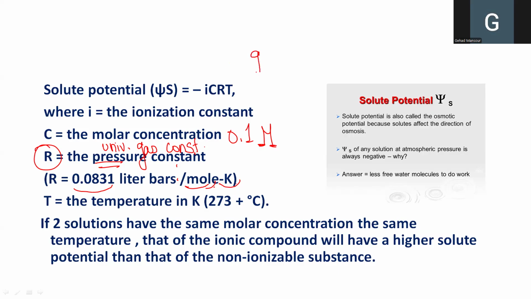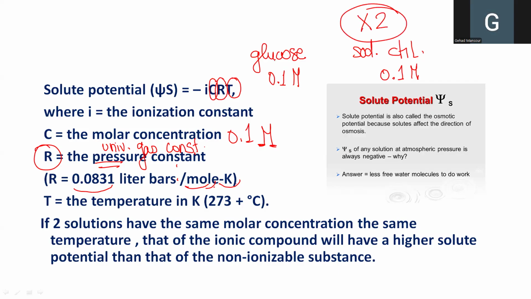So if everything is similar, if you have two solutions A and B, for example, a solution of glucose in water and a solution of sodium chloride in water, both present at the same temperature, and of course the universal gas constant will be the same, and they even have the same molar concentration, for example, both having a 0.1 molar concentration, yet the solute potential and the ability of sodium chloride to attract water will be double that of glucose.